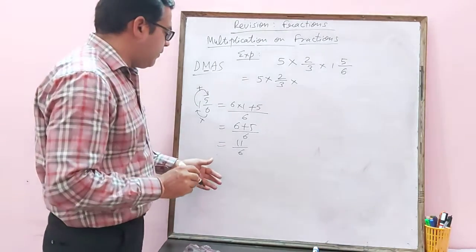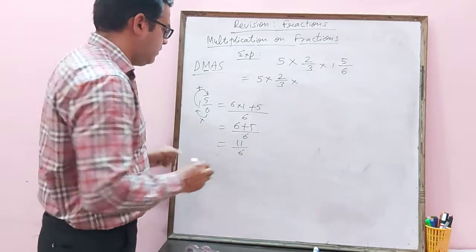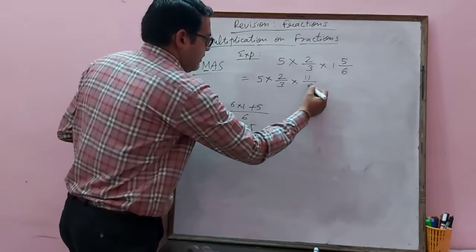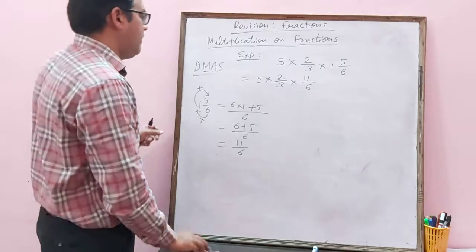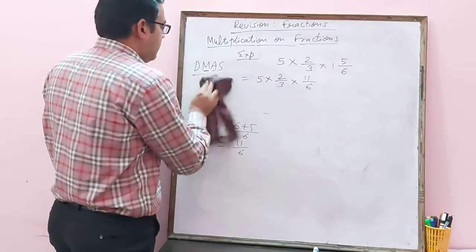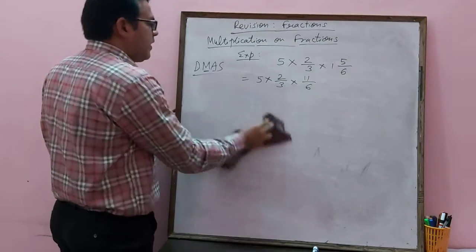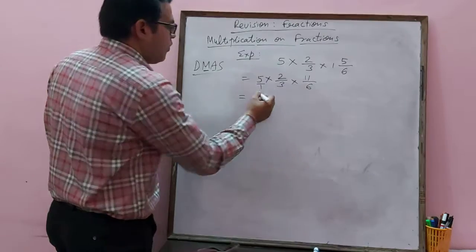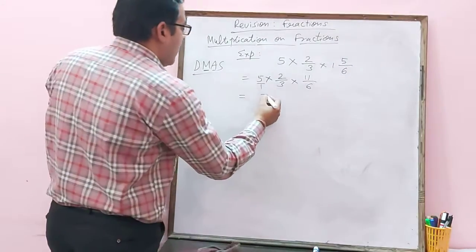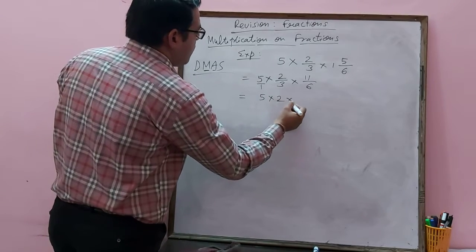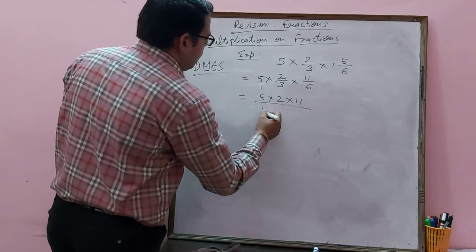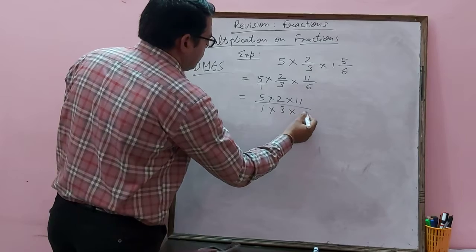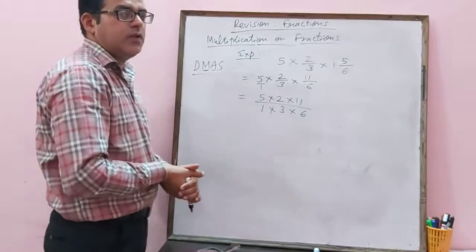So after simplifying it, we have 11 by 6. We can write it here. Right? 11 by 6 we can write here. Now we can put 1 here also. So 5 into 2 into 11 and downside 1 into 3 into 6 we can write.